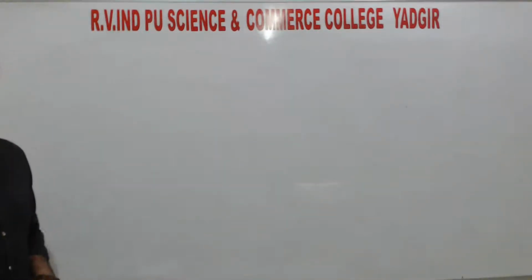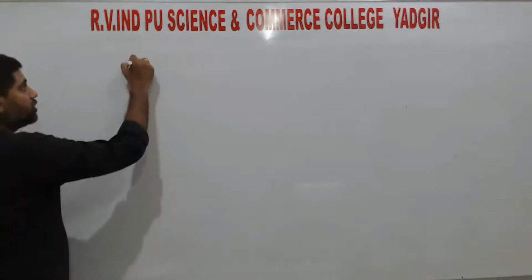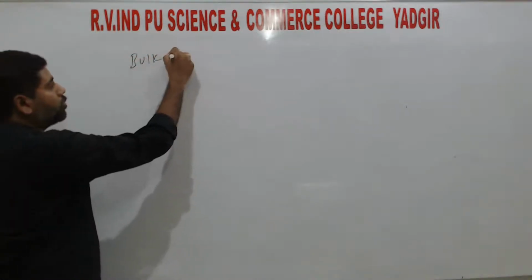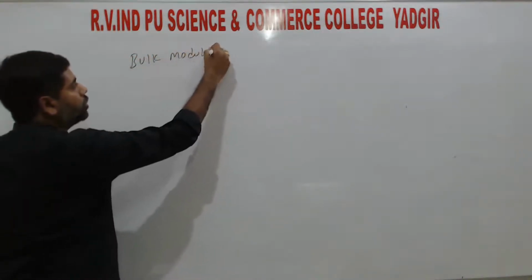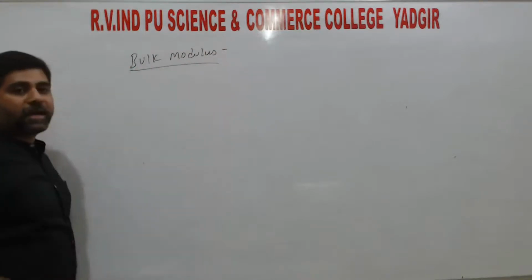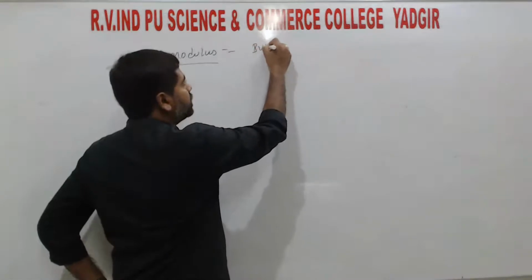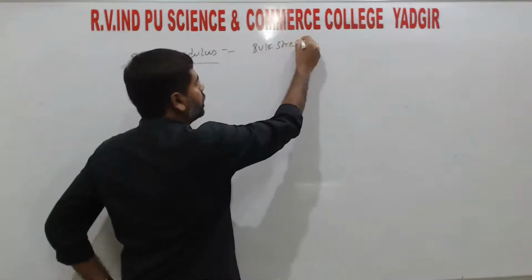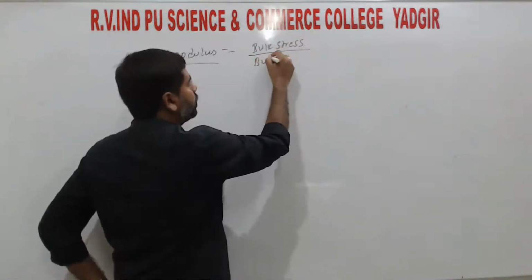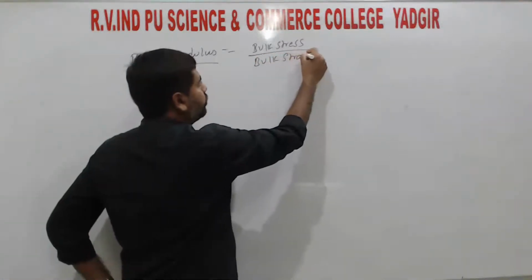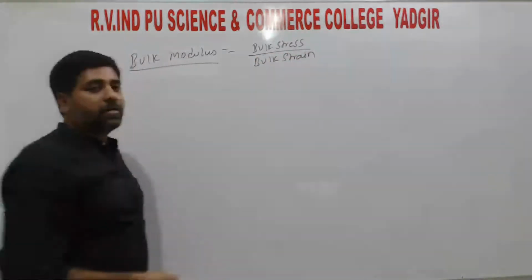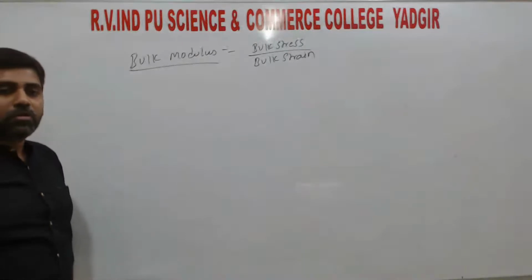So one more modulus of elasticity in our syllabus, that is bulk modulus. So how do we define bulk modulus? Again it is defined as the ratio of the bulk stress to the bulk strain, right? So bulk stress is directly proportional to bulk strain.